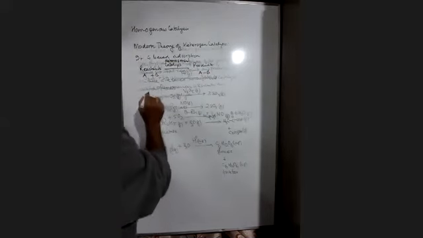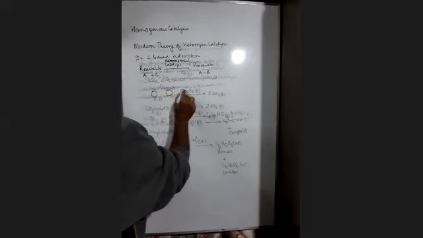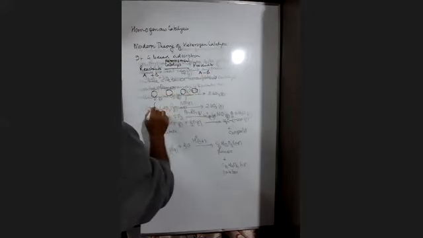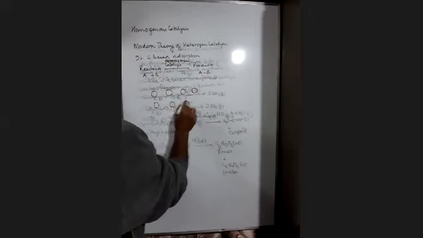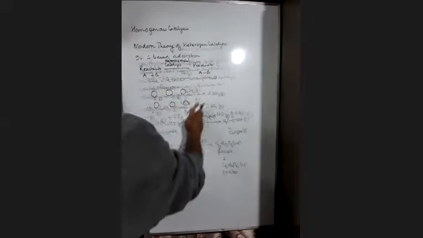So what happens? You have taken the reactants, and to that you have added the catalyst. A catalyst has a surface. So let me draw the surface molecules. It is like this. Wait, let me do something.